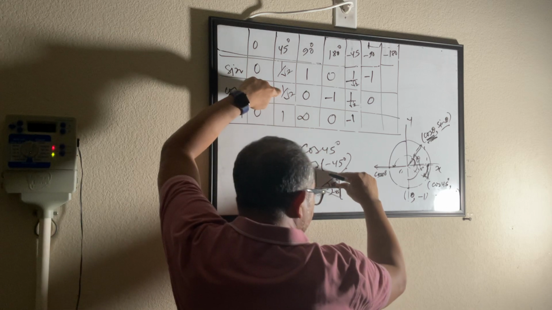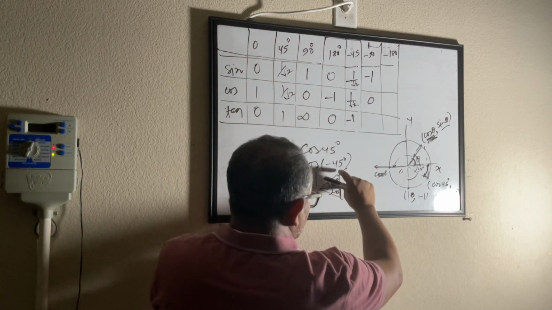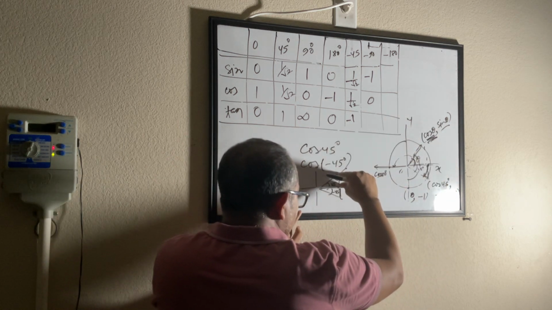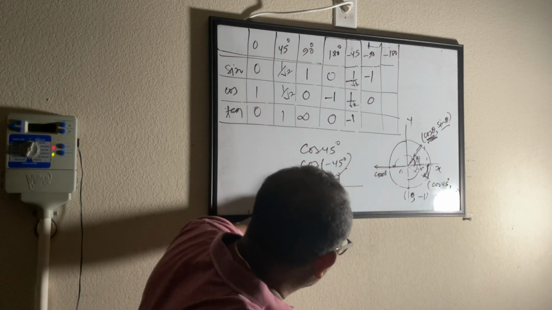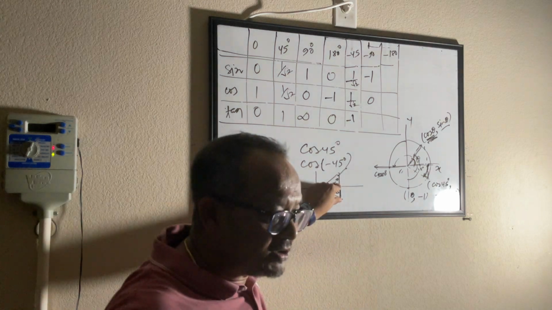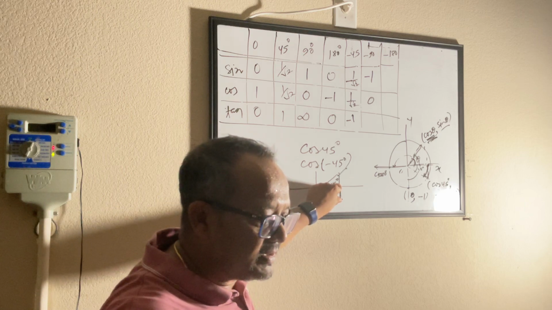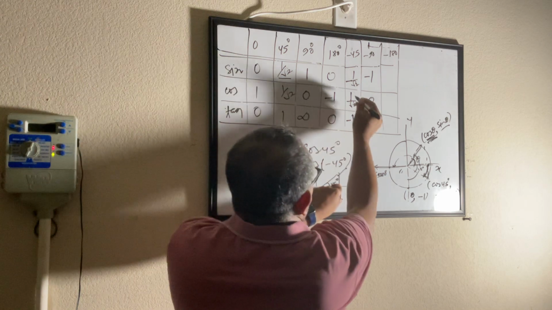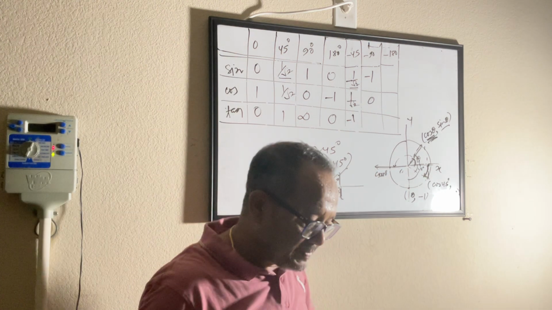But my y coordinate value, which is nothing but sin theta: sin 45 will be positive because it's along the positive side of the y axis, and sin minus 45 will be negative, which is along the negative of the y axis. So that's why sin 45 is 1 by root 2, whereas sin minus 45 is minus 1 by root 2.